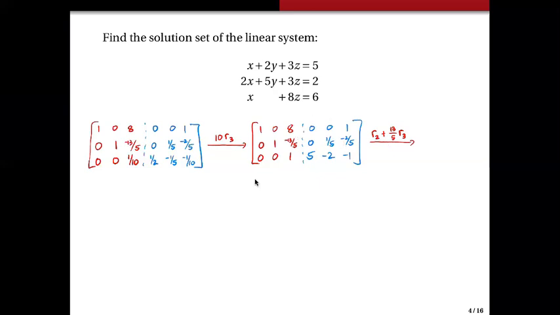So that if I multiply row 3 by 13 over 5, this guy here will be 13 over 5, and it will cancel this once we do the addition. That will be row 2. For row 1, we will have row 1 minus 8 row 3.